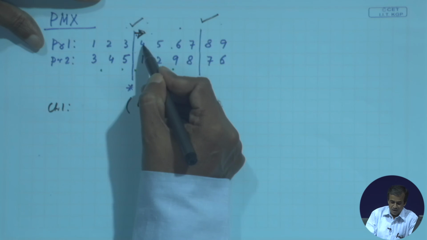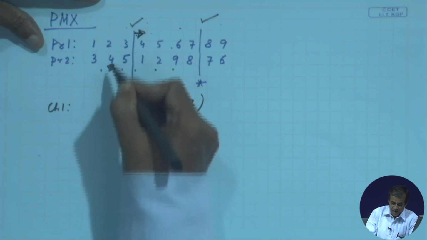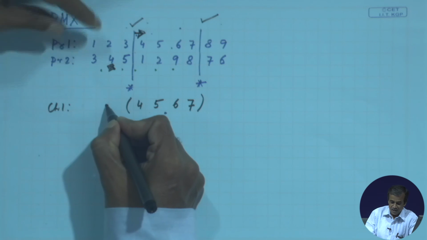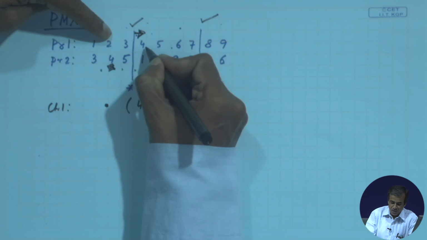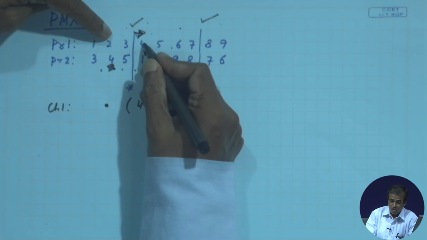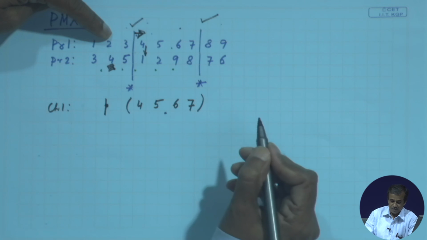You find out the location of city 4 on parent 2. So, this is the location of city 4 on parent 2. So, at this particular position, that is the second position, you write down city 1, because 1 corresponds to 4. So, you put city 1 here.